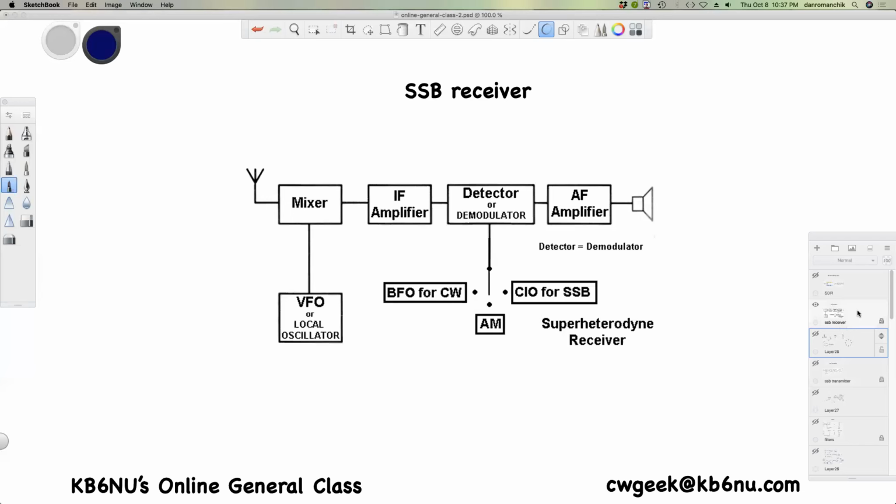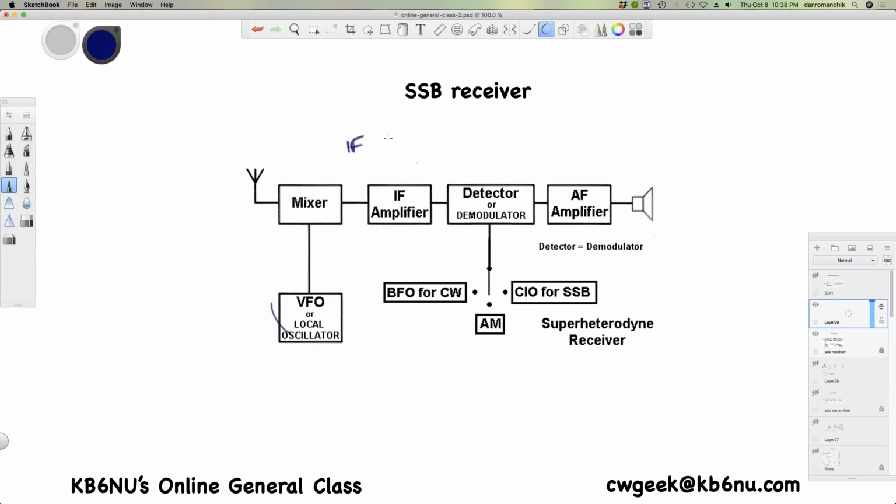So this is sort of the opposite of that. This is the receiver now. The signal comes in and gets mixed with what's called the local oscillator, and that produces an intermediate frequency signal.